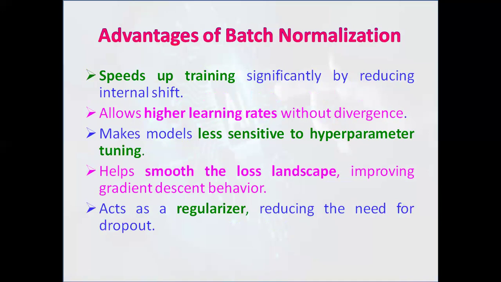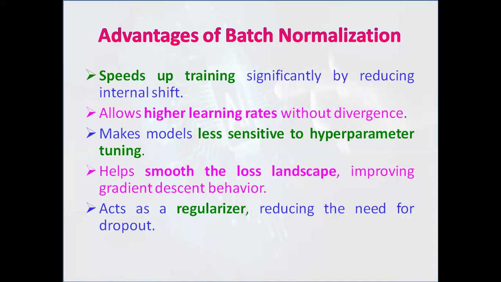Batch normalization provides several advantages that make it a key component in modern deep learning. It significantly speeds up training by reducing internal covariate shift and allowing higher learning rates without the risk of divergence. Also, BN reduces sensitivity to hyperparameters such as initial weights and learning rates, making model tuning easier.